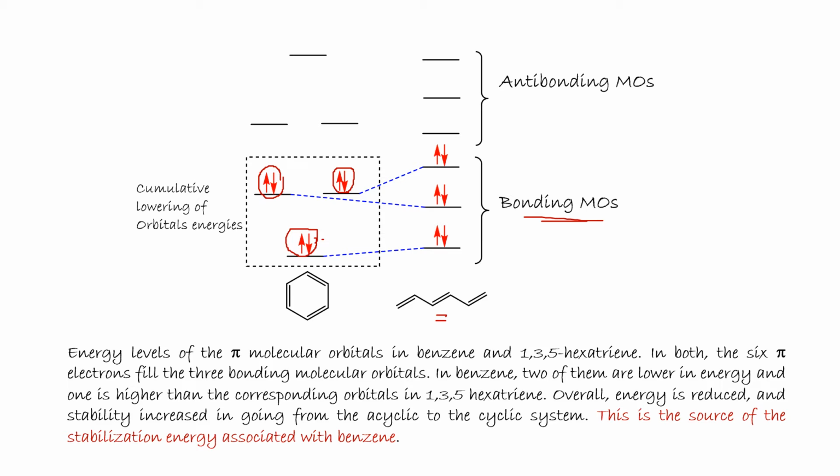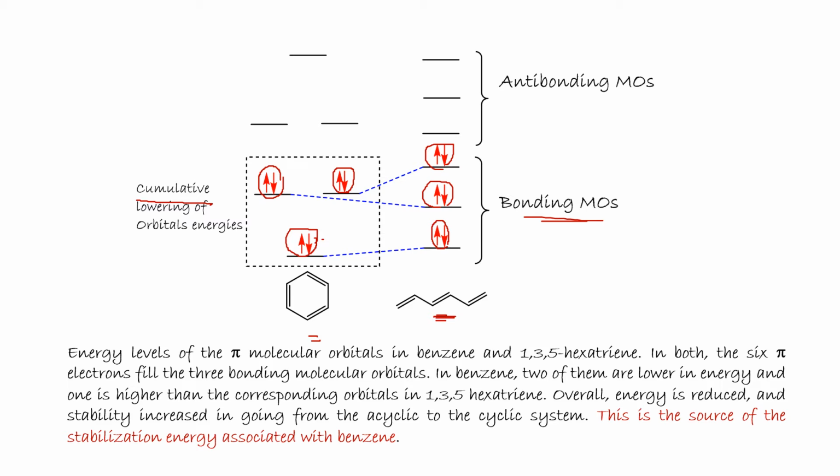We have 6 molecular orbitals as we have before, and again 2 in here, 2 in here, 2 in here. We compare the total energy of the electrons in the hexatriene with the benzene ring.